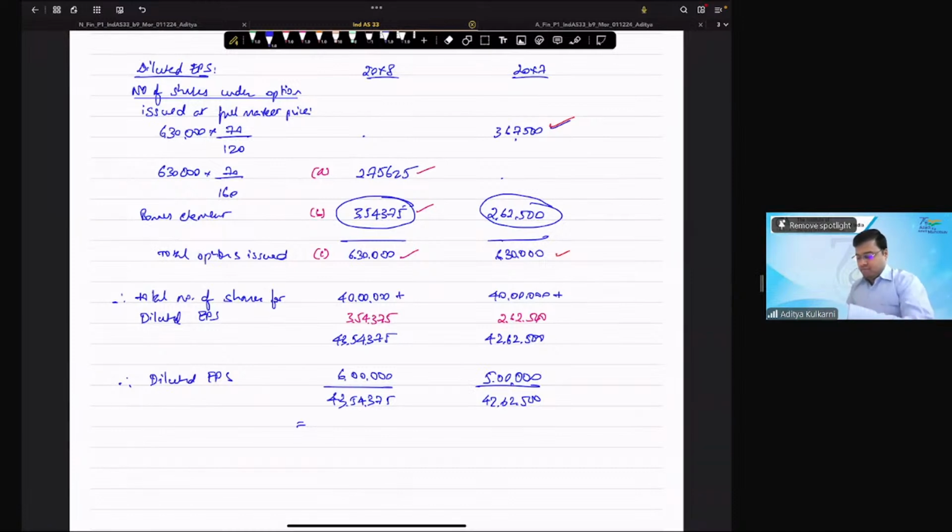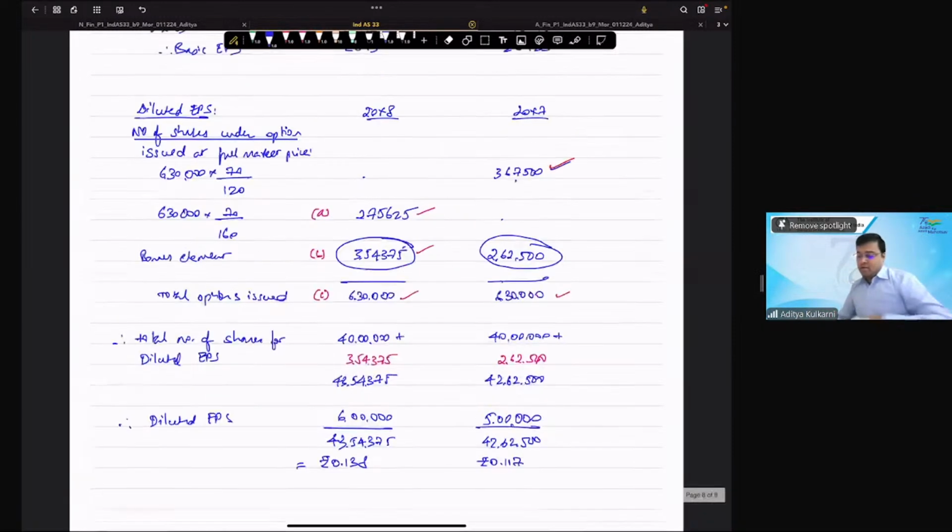So 6 lakh divided by 43,54,375 rupees is 0.138, and here 5 lakh divided by 42,62,500 rupees is 0.117.